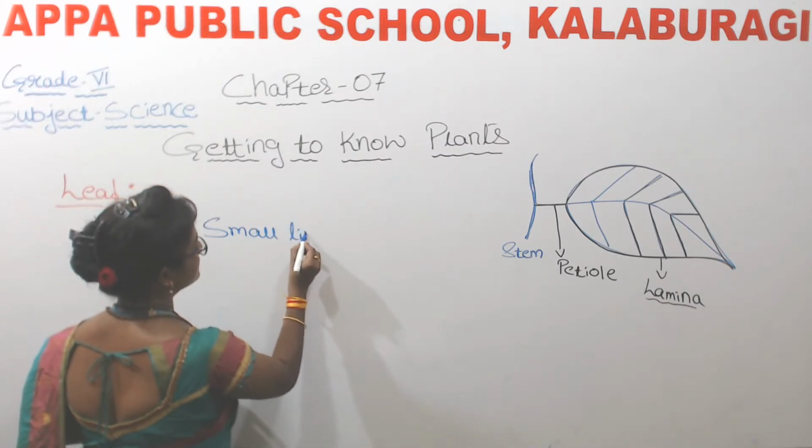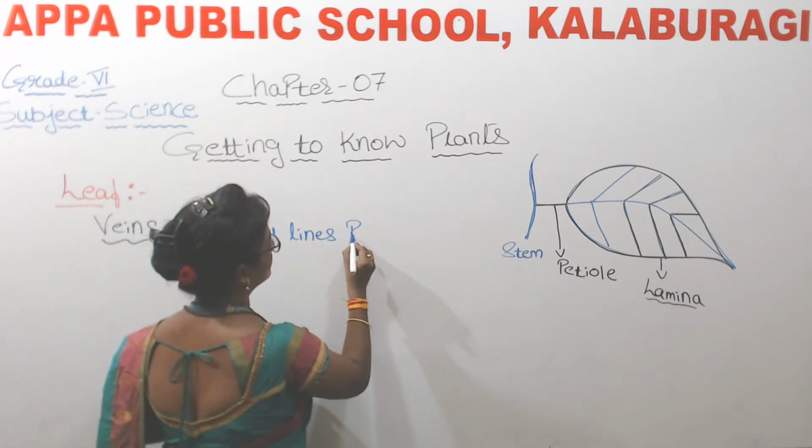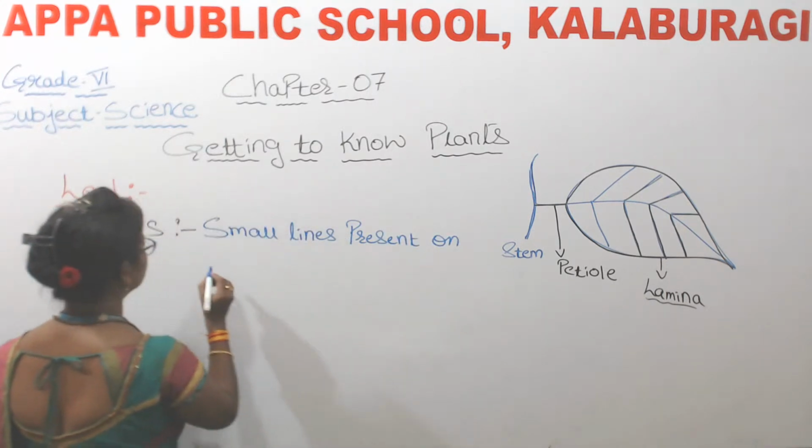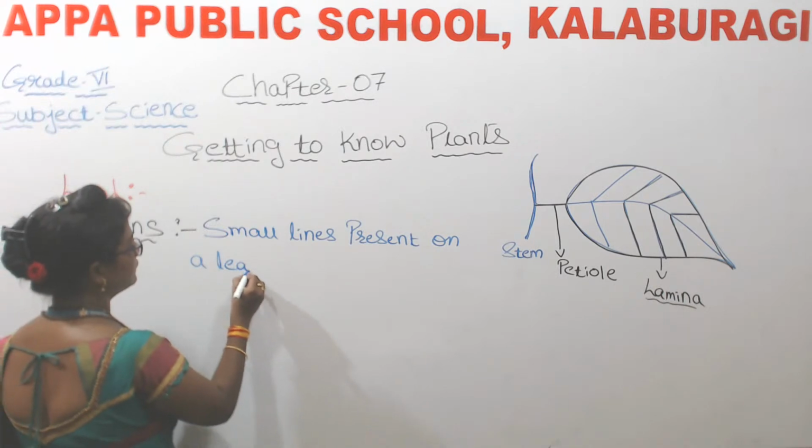Small lines present on a leaf are called its veins.